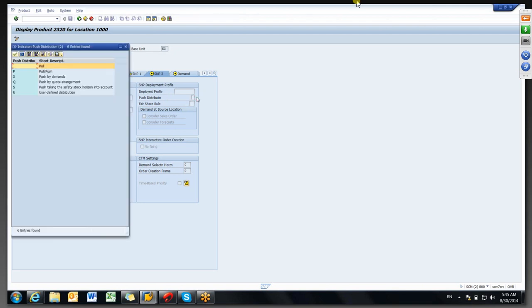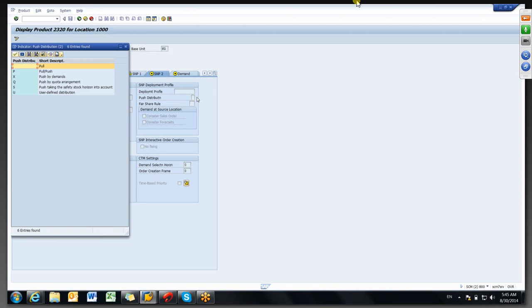So we have P is pull, and push: X is push by demand. Q is push by quota arrangement. S is push taking safety stock into account. Use user defined distribution.